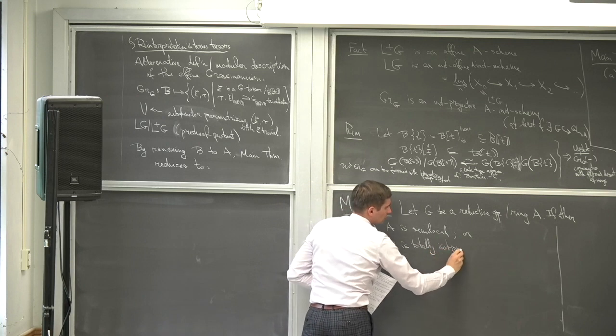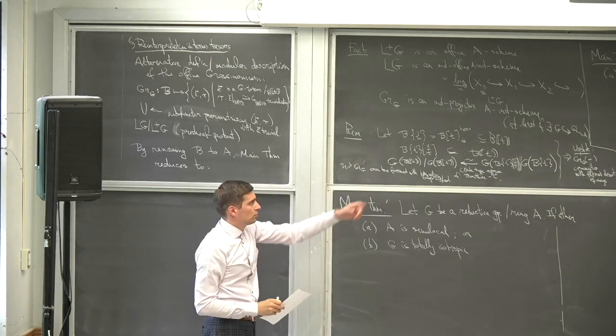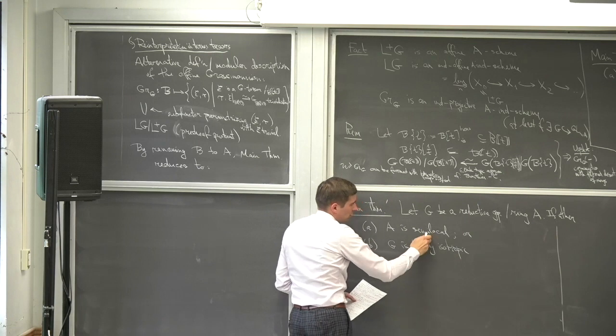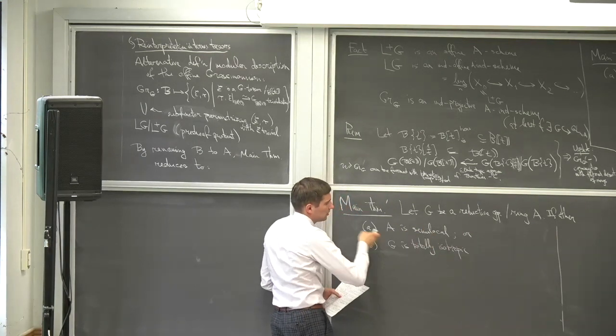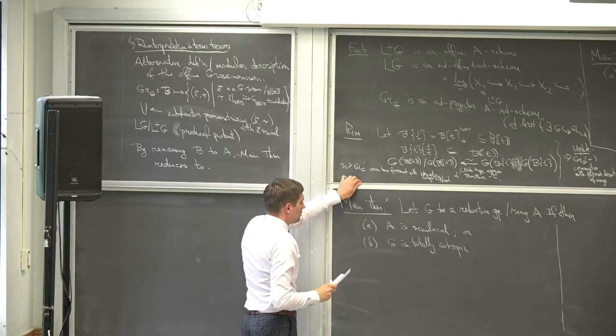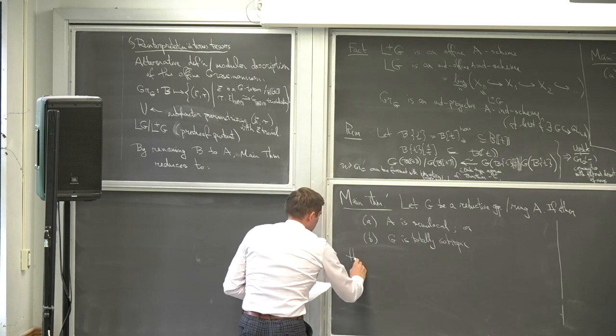So these two cases correspond to the cases A and B in the main theorem. Case A is where no Henselian specification is needed, so it allows you to take A local. And B is when the group is totally isotropic.